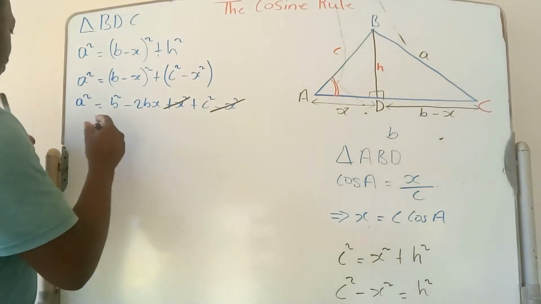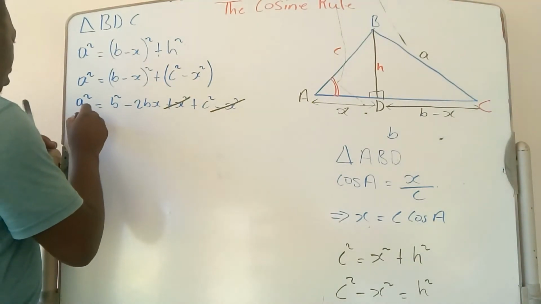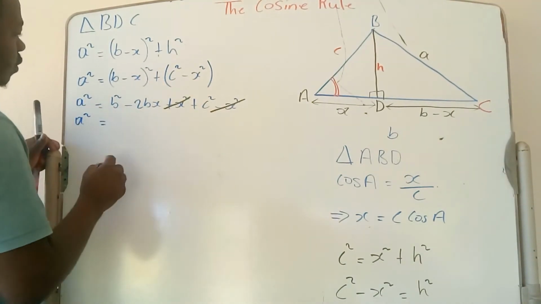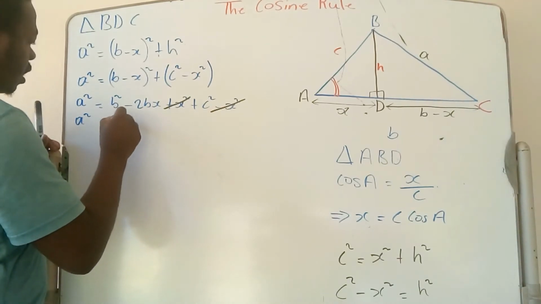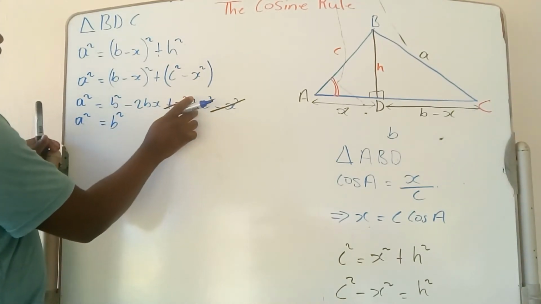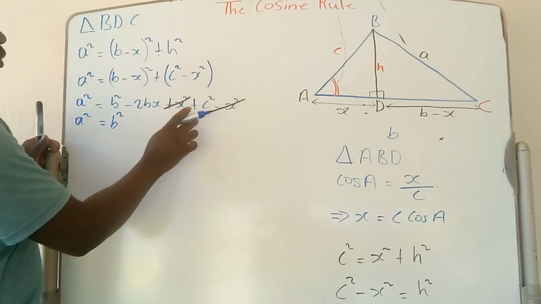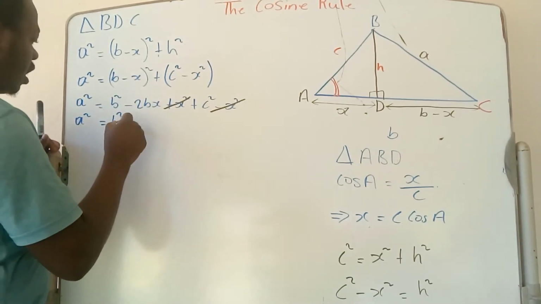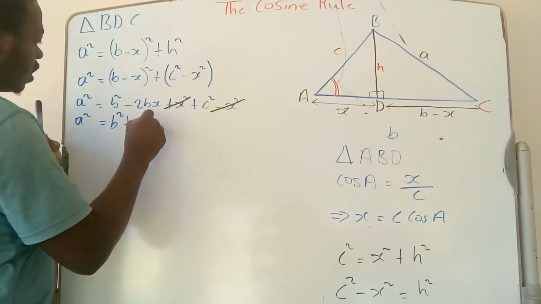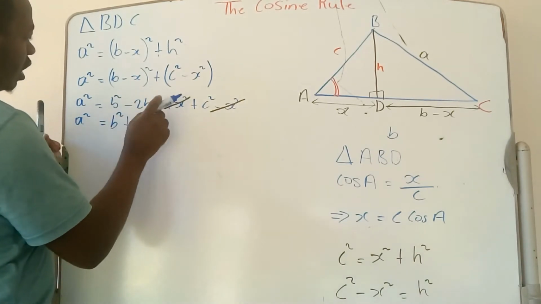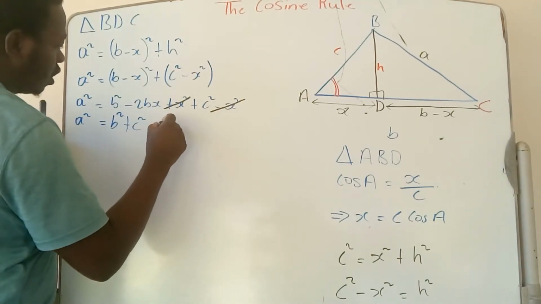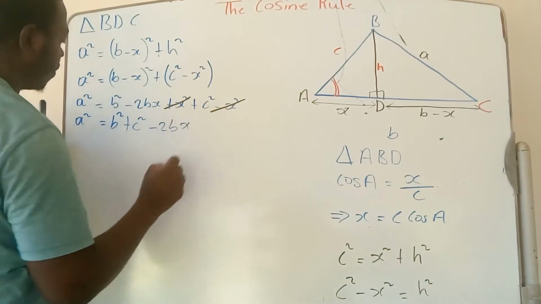So all I'm left with is a squared is equal to b squared. And since this term is a plus c squared, I'm going to put it beside this b squared. So this becomes plus c squared minus all of this term, which is minus 2bx. Right?